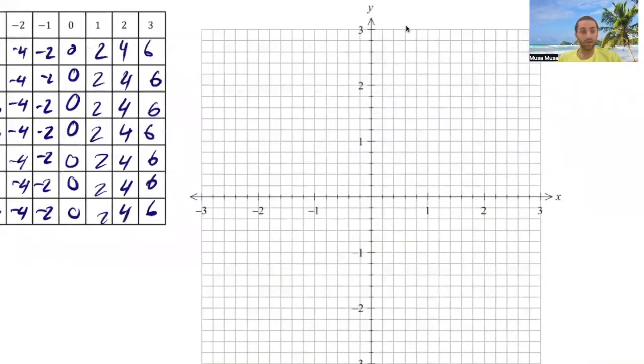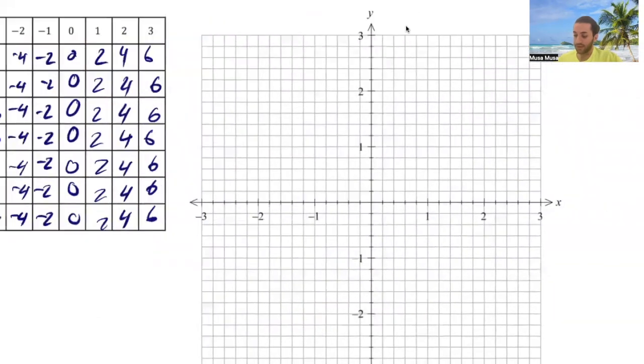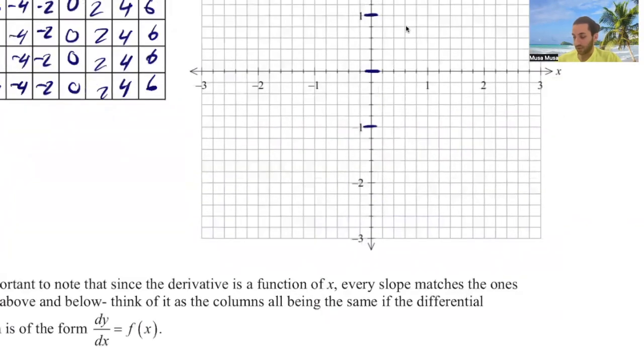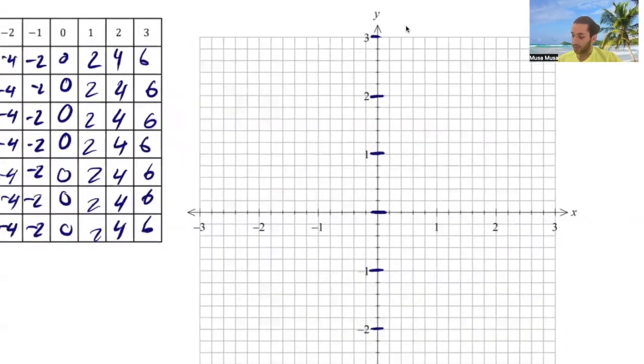Nice. So if you're gonna do the slope field yourself, you have to go to each of these points. When x equals, let's say, 0, all of the gradients here are 0. So you're going to draw a little line just to show that the gradient would be flat there. At x equals 1, the gradients are 2.